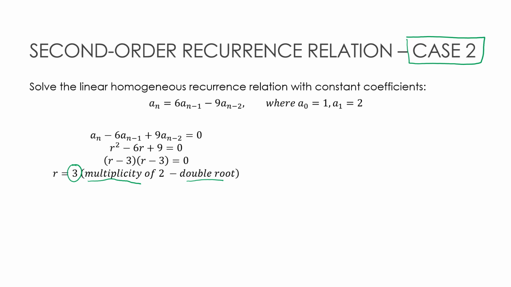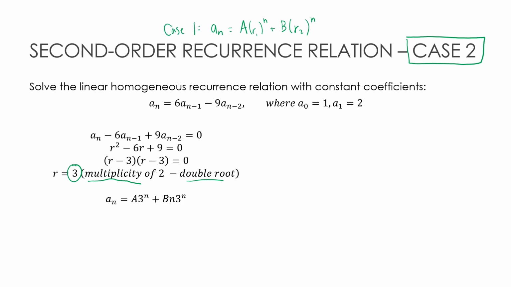So instead of using a sub n is equal to a times the first root to the n plus b times the second root to the n, we have to change it up a little bit because this was case 1.